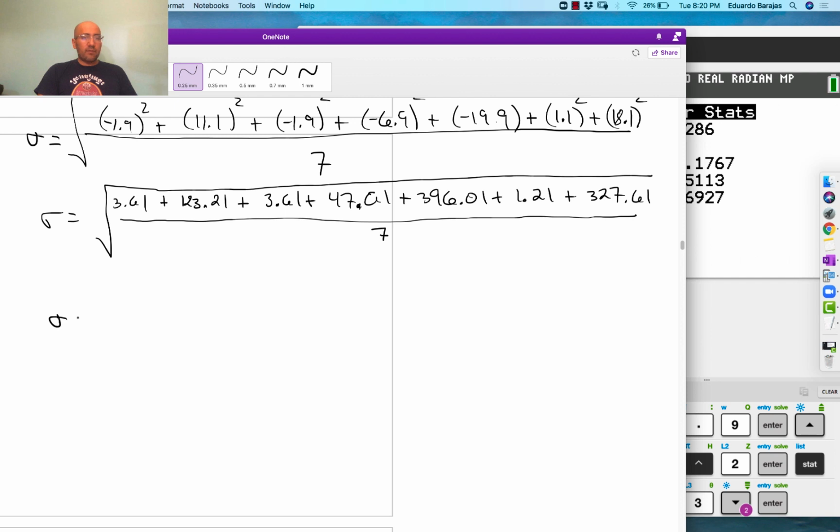So now the sigma is equal to 902.87. That's the sum of all of these numbers. Now we want to take that divided by 7 and find the square root of that thing. Okay, so now we can go to our calculator and figure out what that is.